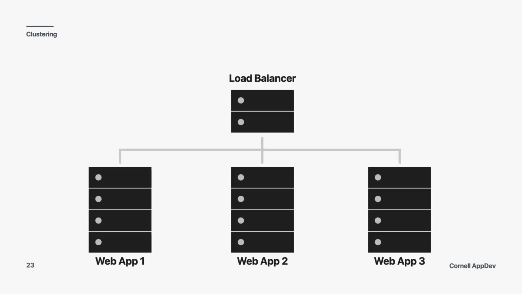It's essentially just having many servers run the same web app. You might need this if something goes wrong and you can't afford any downtime, so that's when you would rely on your second instance or your second server that's running the same web app.